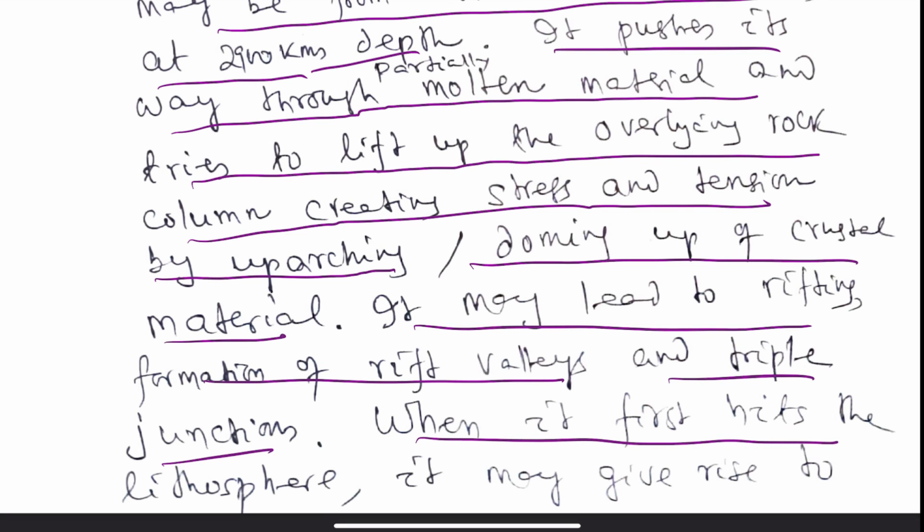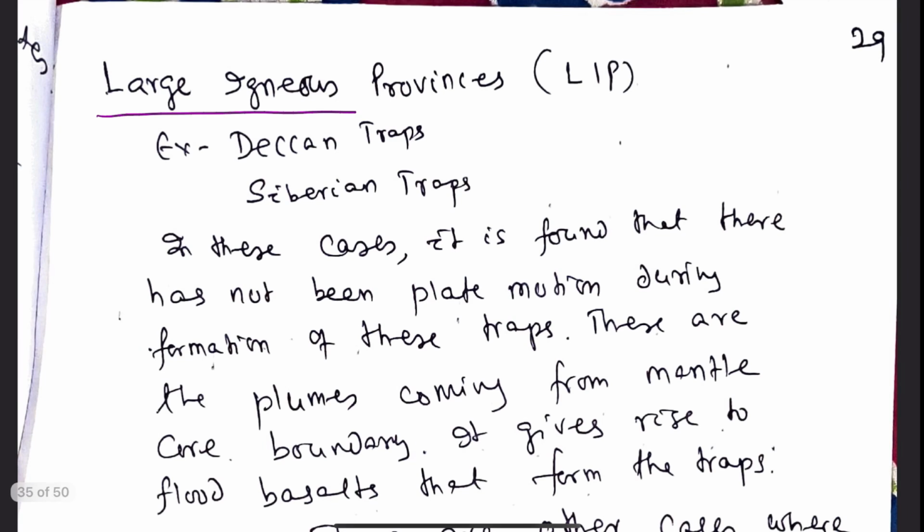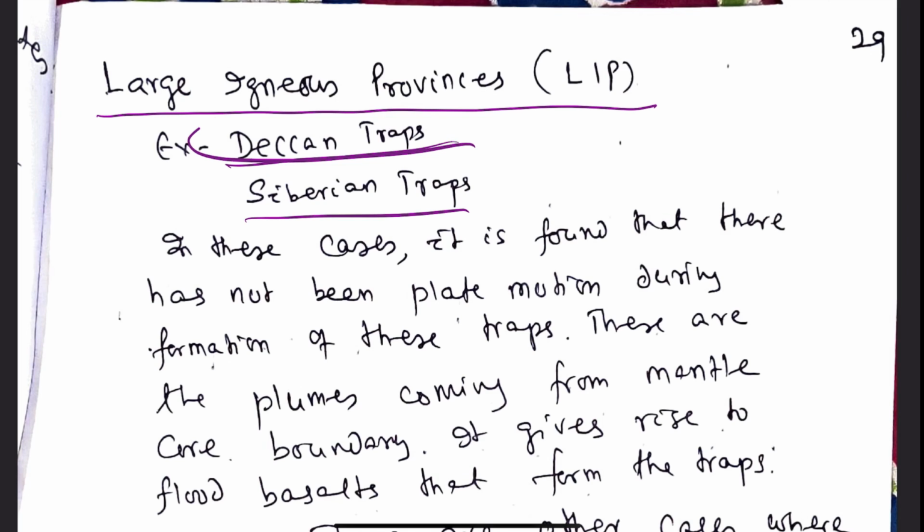When it first hits the lithosphere, it may give rise to the large igneous provinces such as the Deccan traps and Siberian traps. These are the traps which have been produced because of mantle plumes. The Deccan traps have been produced by a mantle plume, and similarly the Siberian traps.